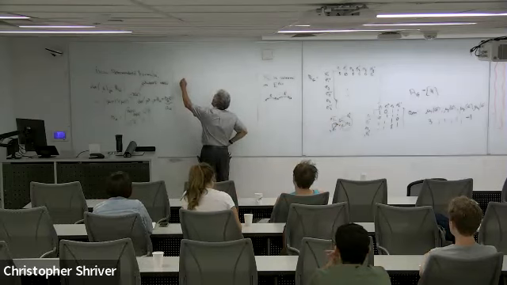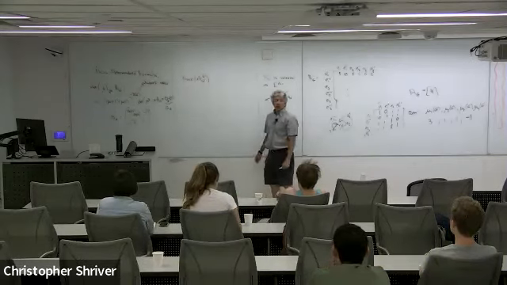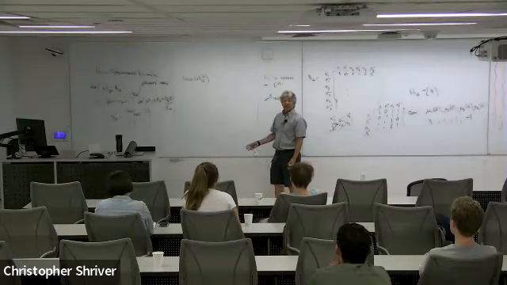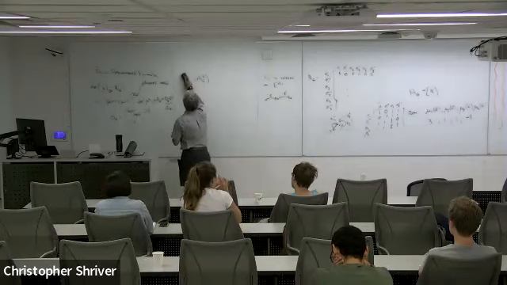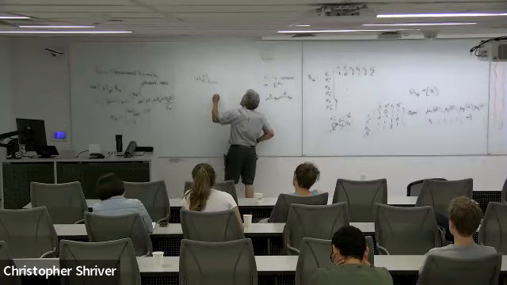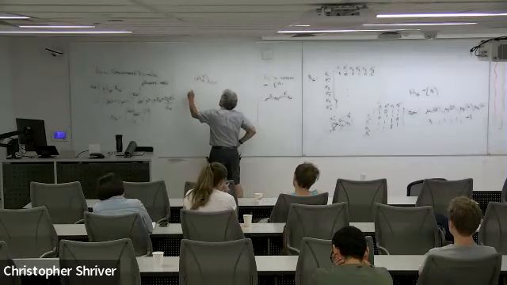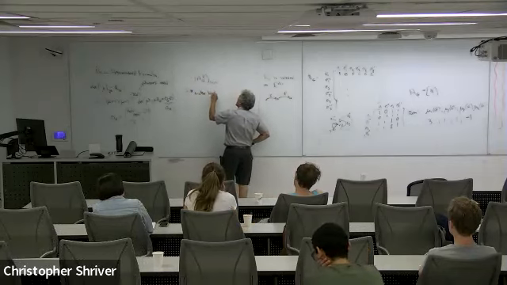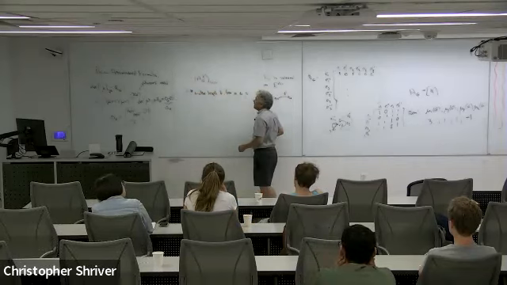So if you take the trace of the adjacency matrix to the kth power, what you get are just the number of walks of length k. Well, let me say more generally. If you take the kth power of the adjacency matrix and you look at the UV entry, this is the number of walks of length k from U to V.